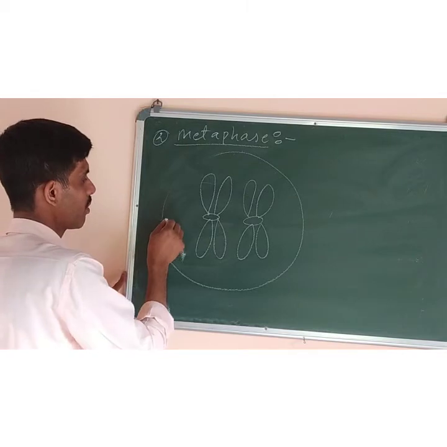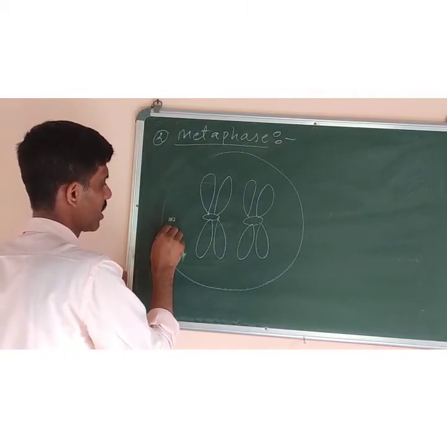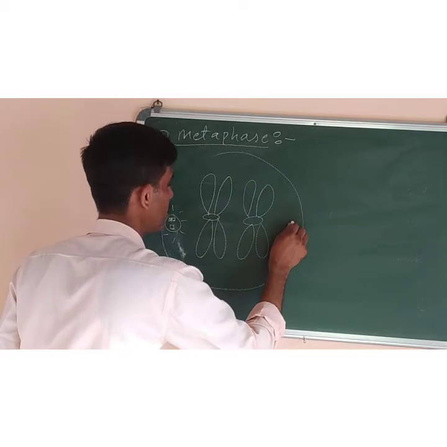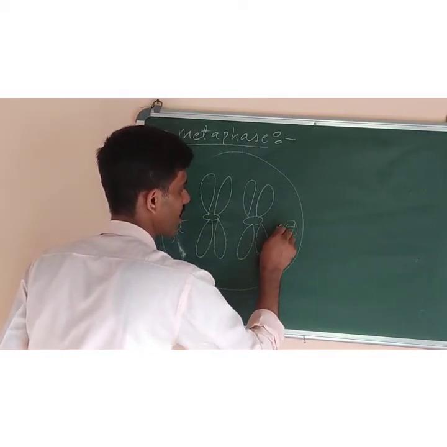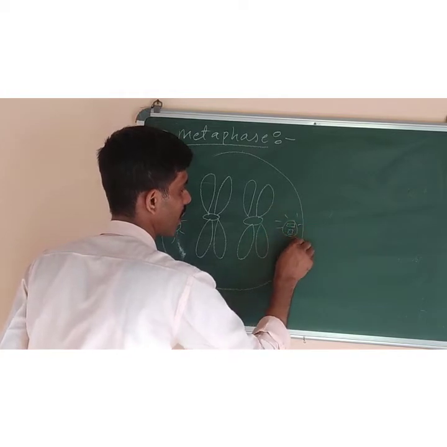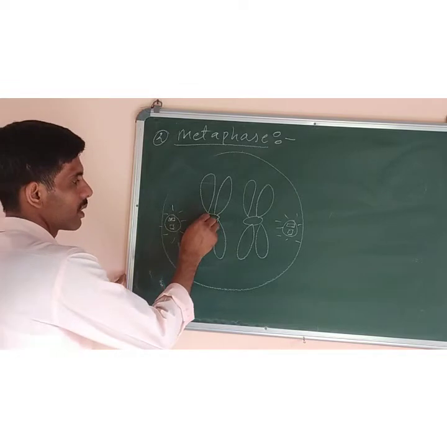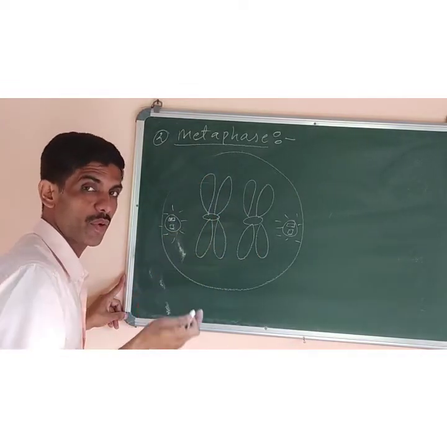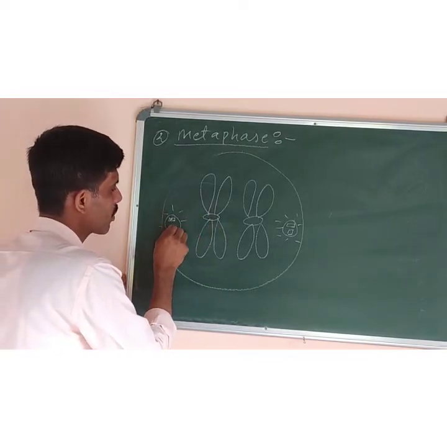Now here I will draw the centriole like this. Here also, towards the opposite pole, another centriole. Now see, in metaphase stage, these two chromosomes, like this, many pairs of chromosomes may be present, 4, 5, 6, also more than that. So they will arrange themselves on the equatorial plane.